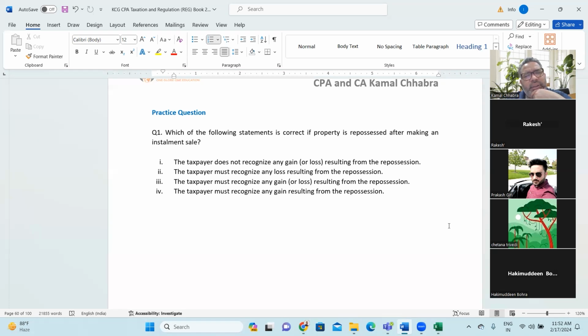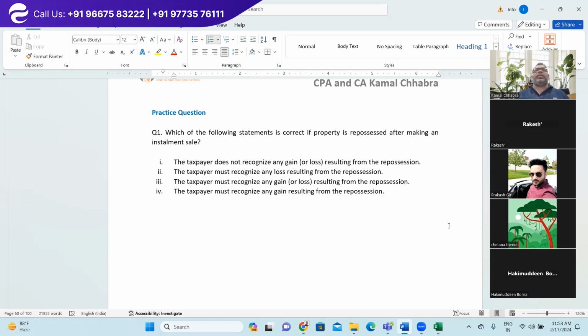What these companies actually do is give credit to the buyer, and at the same time, they make full payment to the seller. So when the seller is receiving full payment, then he or she needs to recognize the entire gain. Then it's not an installment, it's more of a financing arrangement between the financing company and the buyer. So it has nothing to do with the seller. Right? Okay, sir.